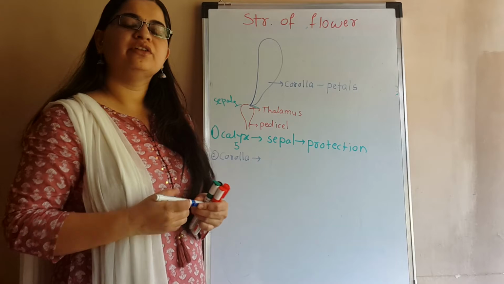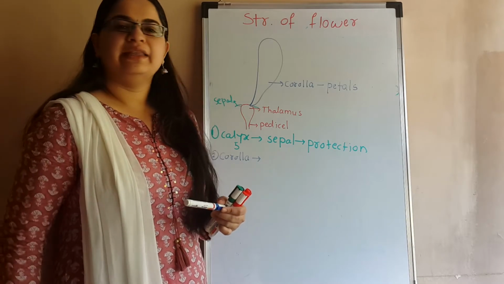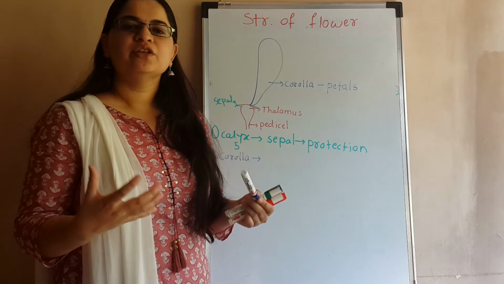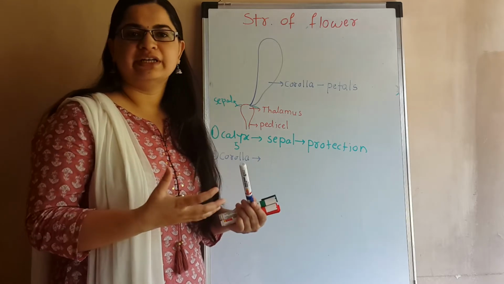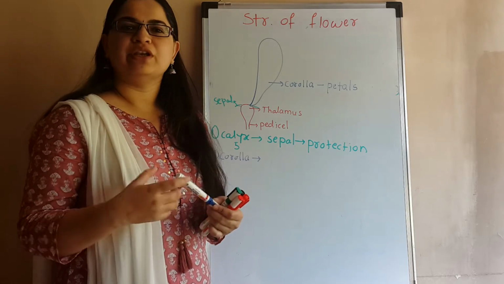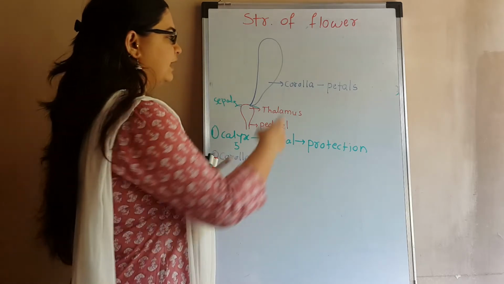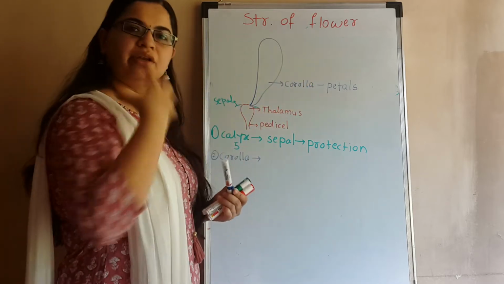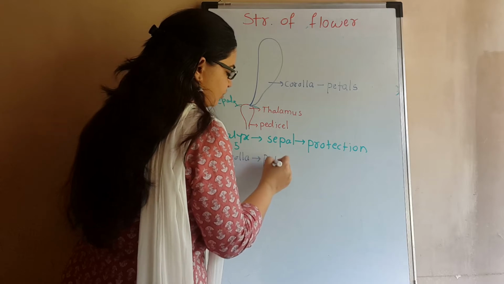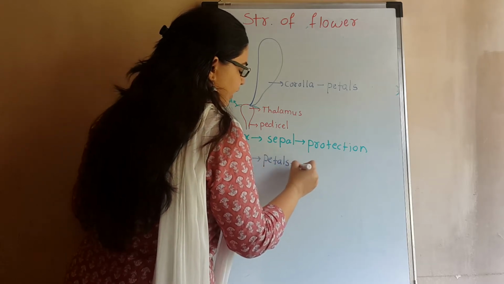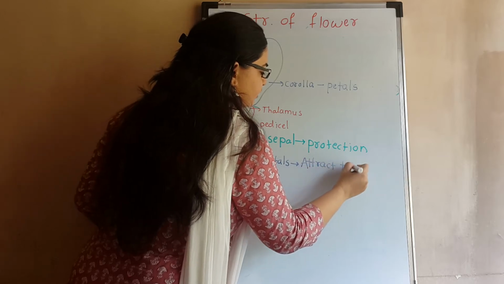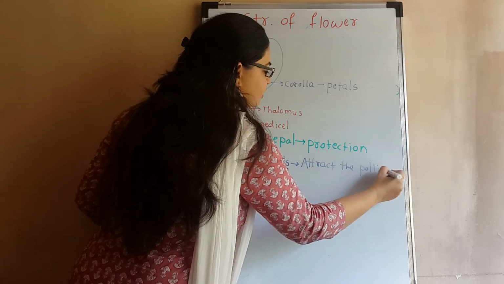They are in beautiful, vibrant colors, so they are meant for the attraction of insects, some kind of pollinating agents. So yes, they are meant to attract the pollinating agencies towards the flower. So the members are known as petals, and they attract the pollinating agents.